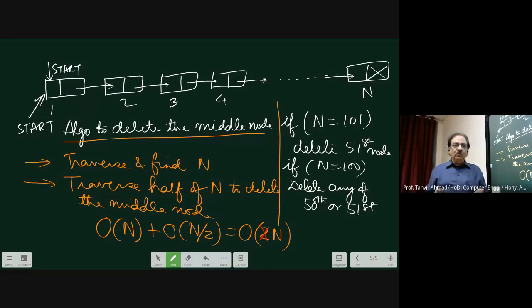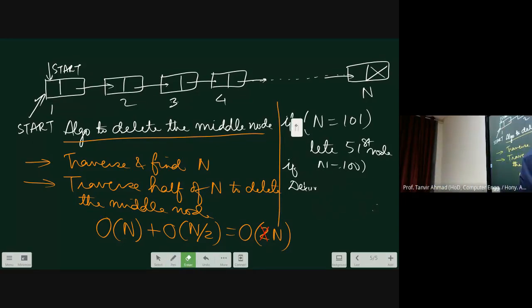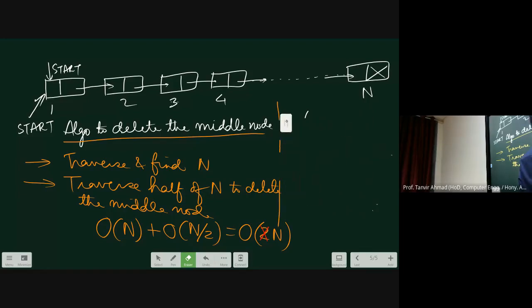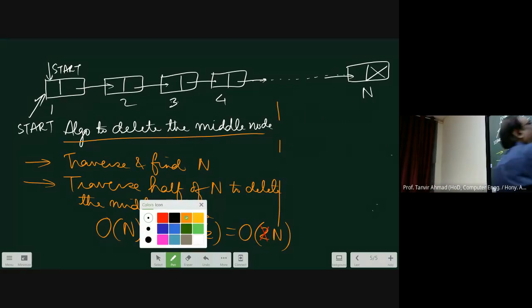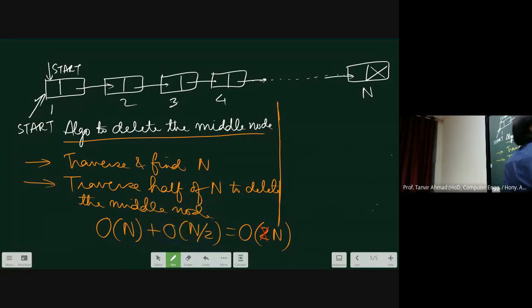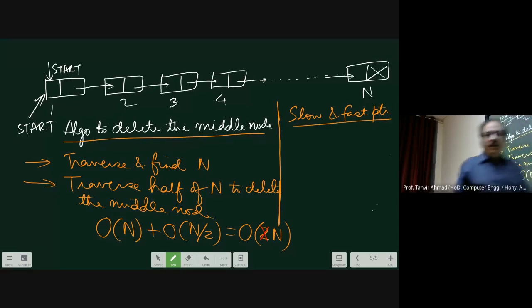Let me just tell you what that concept is, because it is not only used here. We will use the concept of slow and fast pointer, and this concept is used at many places.